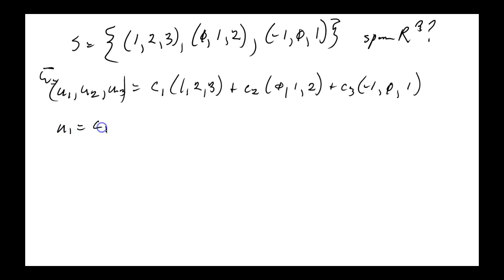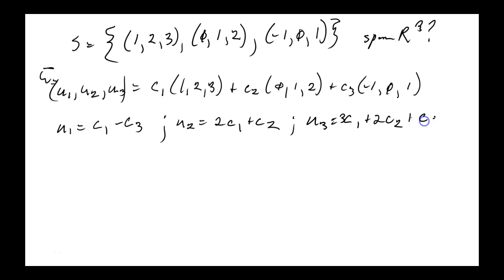U1 equals C1 minus C3. U2 is equal to 2C1 plus C2. And U3 is equal to 3C1 plus 2C2 plus C3.